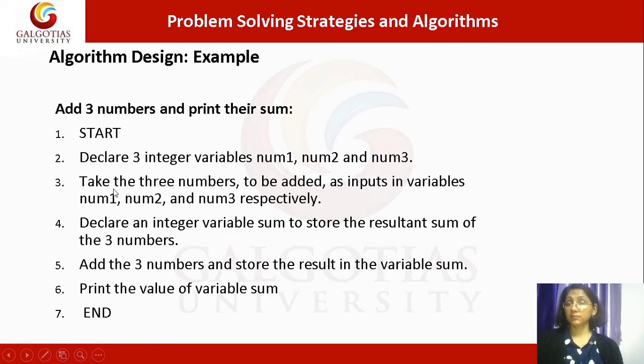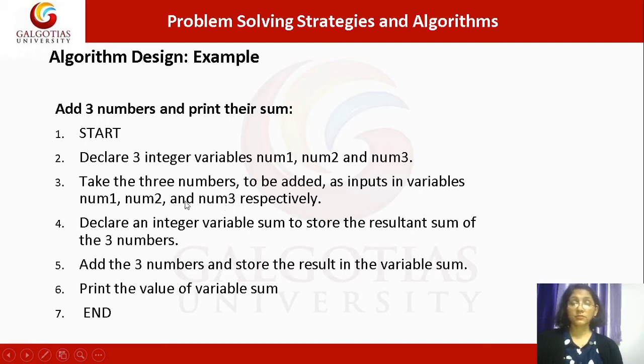The second one is an input statement, because here we are taking three numbers which are added. So take three numbers to be added as input in the variables num1, num2, num3 respectively. So the first number will come to num1, the second number to num2, and the third number to num3.